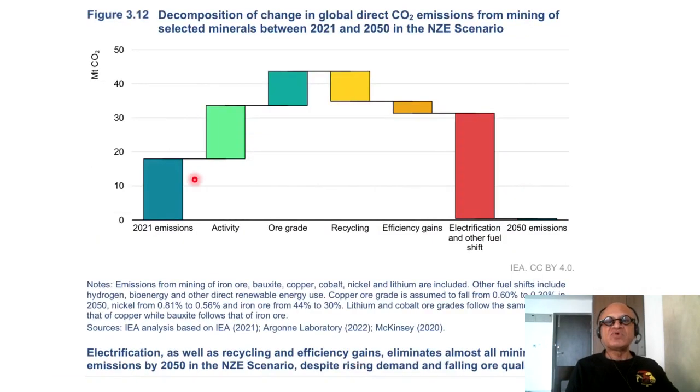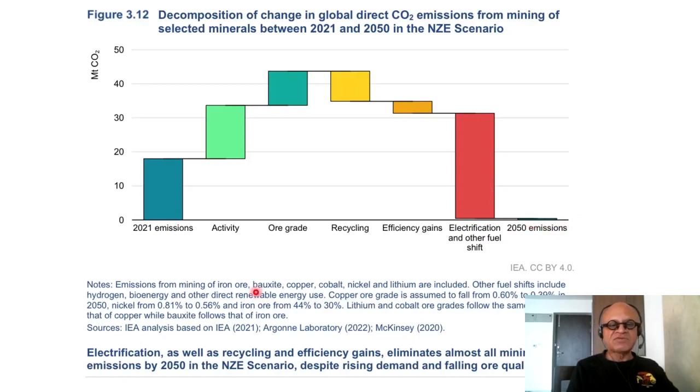In terms of decomposing the change in global direct CO2 emissions from mining selected minerals between 2021 and 2050 in the net zero emission scenarios, looking at million tons CO2, 2021 emissions, activity, ore grade, recycling, and then coming down to efficiency gains, and then electrification and other fuel shifts. So we have to come down here by 2050 to net zero.